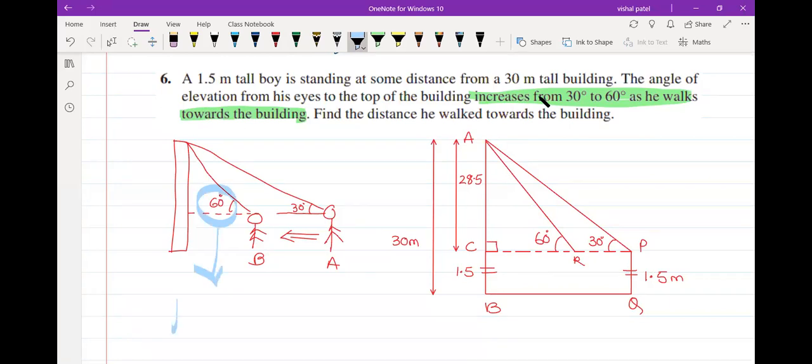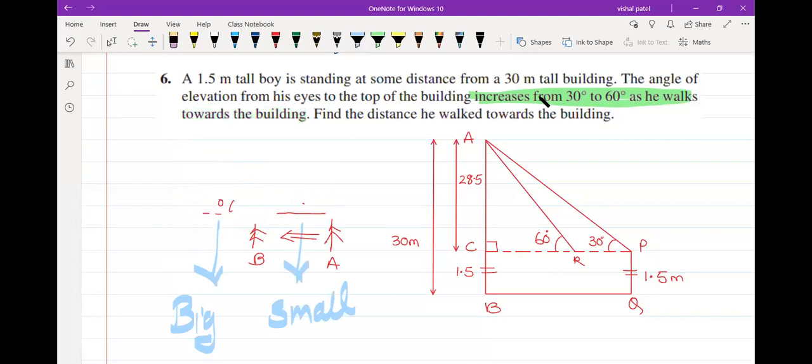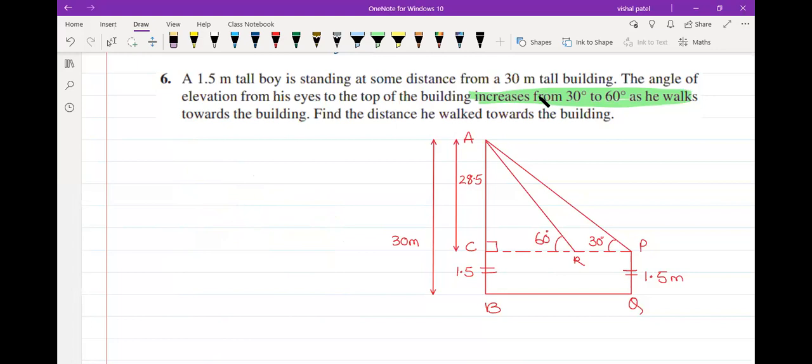This is always going to be big, and this is always going to be small. Is that clear, students, all of you? Yes sir. Is the diagram understood? The diagram is very important here. Yes, sir.